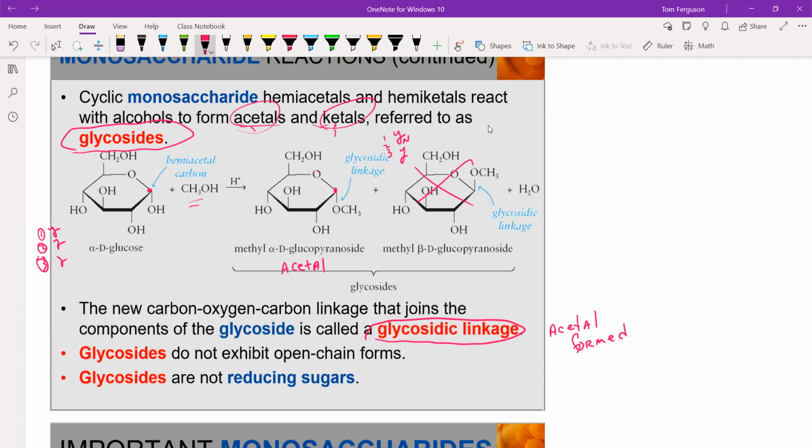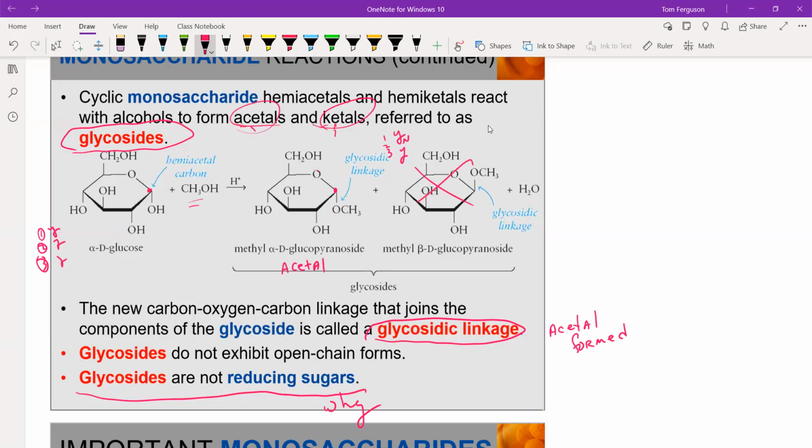Okay, it says glycosides are not reducing sugars. Why does it say that? I'm going to be constantly talking about reducing sugars. What is required for it to be a reducing sugar? They can easily oxidize, and they're typically monosaccharides.